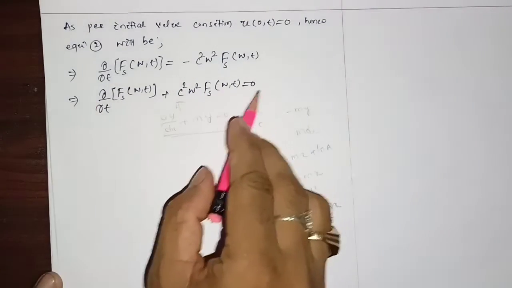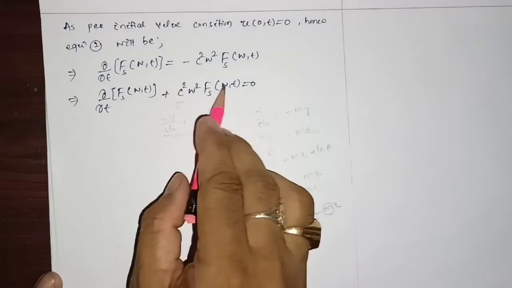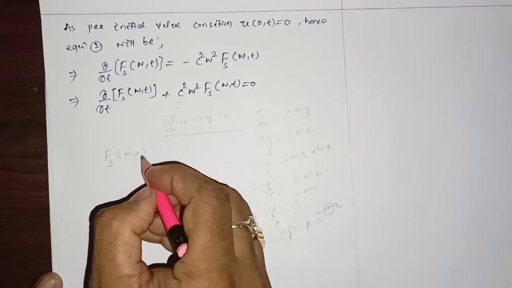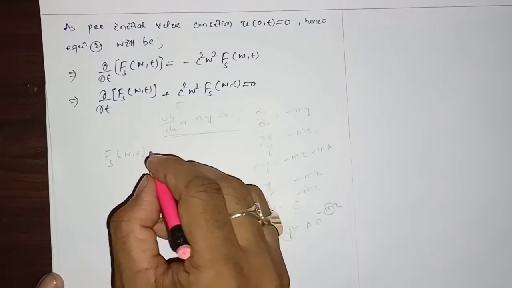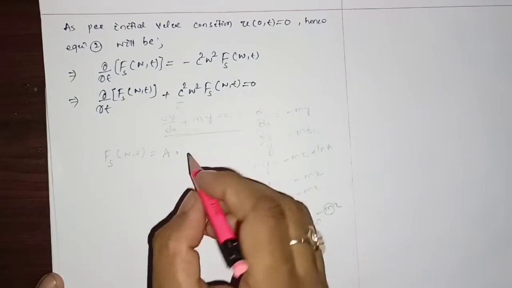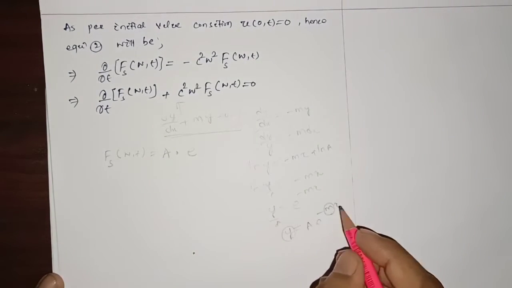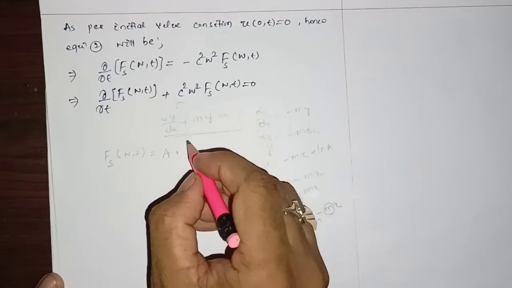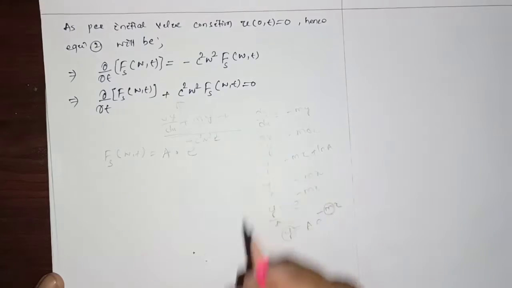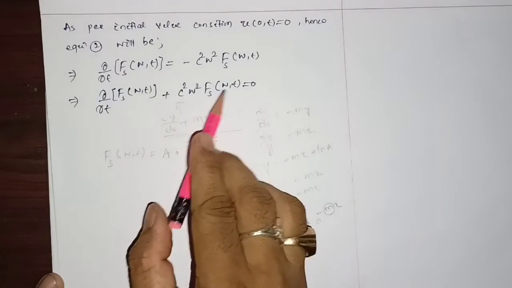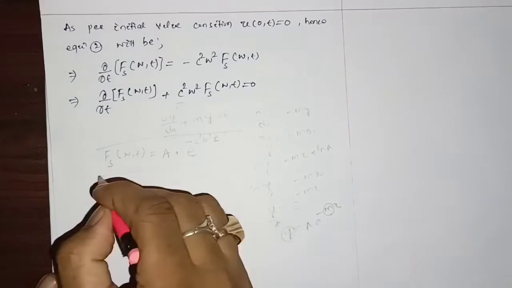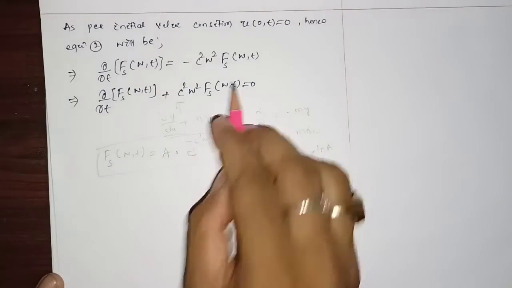So the general solution of this equation will be capital Fs(omega, t) equal to some constant a into e to the power minus c square omega square into t. Here x is there, here t is there, so t. Okay, so this will be the general solution of this equation number 1.